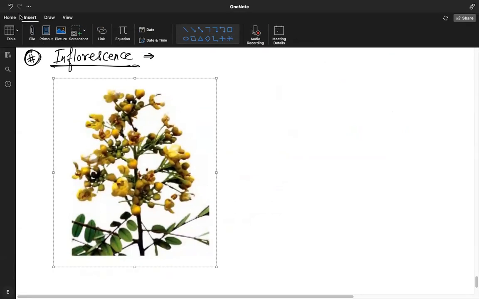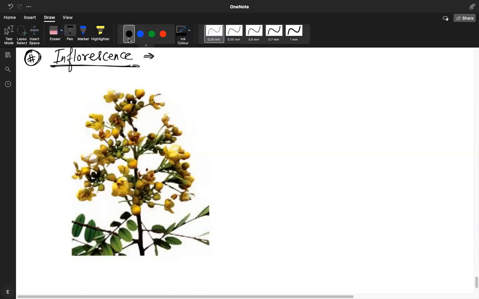How many flowers do you see in this? So many. Do you see that? So all of them are actually flowers, right? They are buds, they will also develop into flowers, but there are multiple flowers together. So this is known as inflorescence. So how do we define it? Write down.